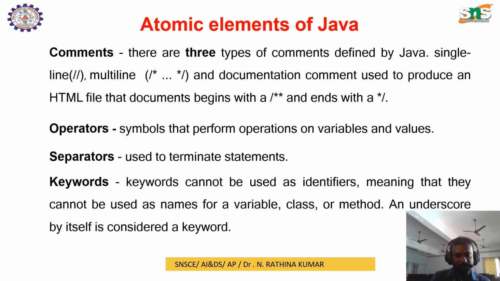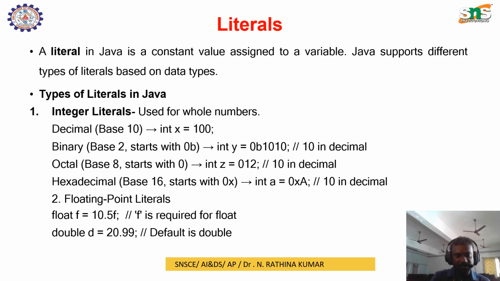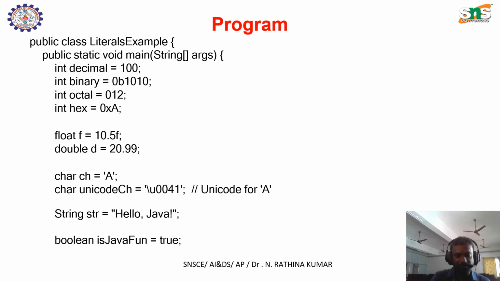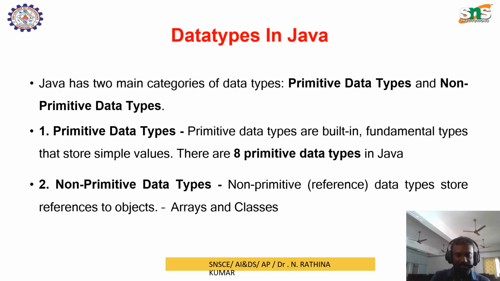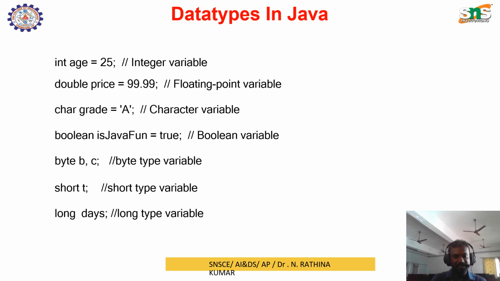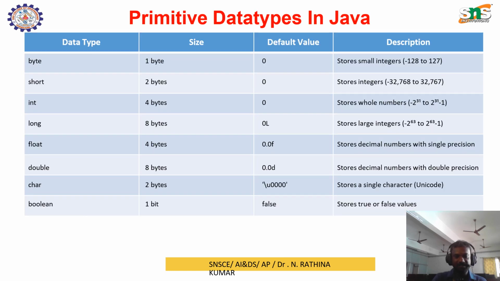Next we are going to see the data types. That is a very important one. Data types are generally divided into two: one is primitive, another one is non-primitive. These are the examples for the primitive data types: integer, floating point number, character, boolean.